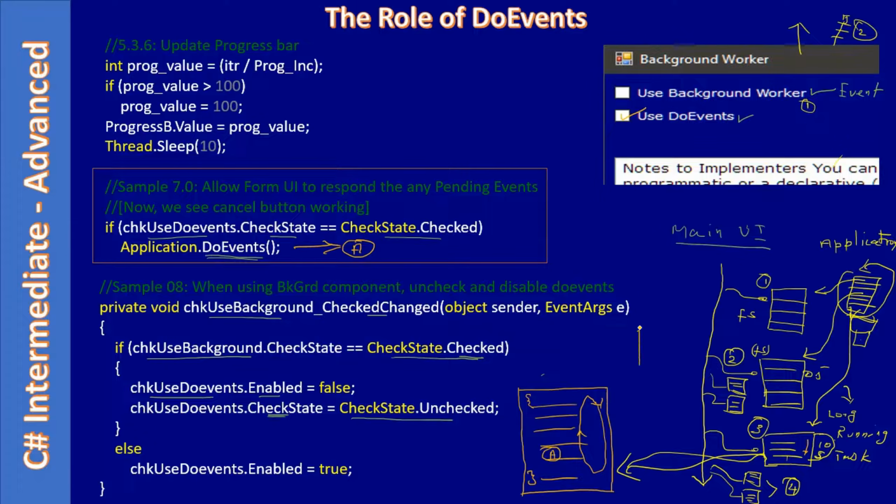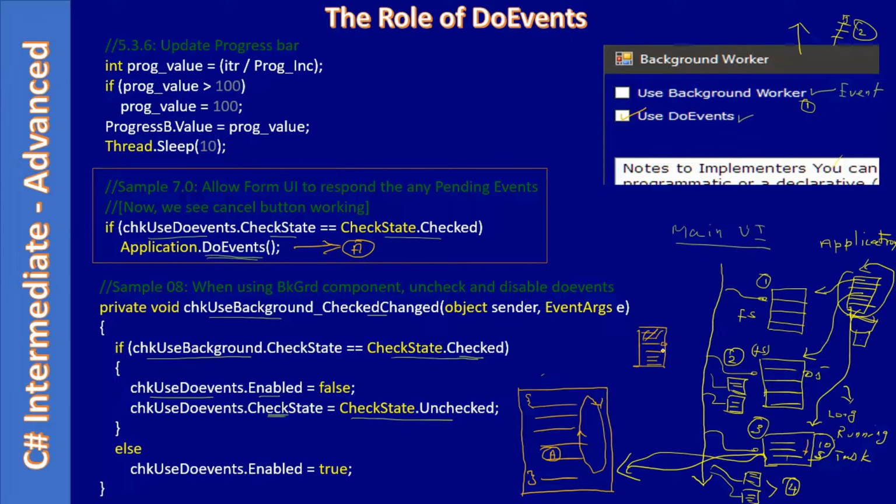So let's state this is the event queue. As already told, 1, 2, 3, 1, 2, no issues. Those are all already processed. So when this long running task is happening, let's say the user moved or clicked some of these checkboxes, or let's say the user is moving the window.